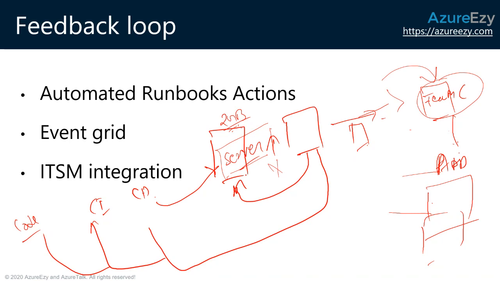It can be feedback for the developers, it can be feedback for the DevOps engineers, or feedback for the infrastructure engineers, or it can be feedback for a third party system which needs to do some action based on the feedback. So this is all you can do with various approaches. These are the few approaches we have listed down which are possible using Azure Monitor.